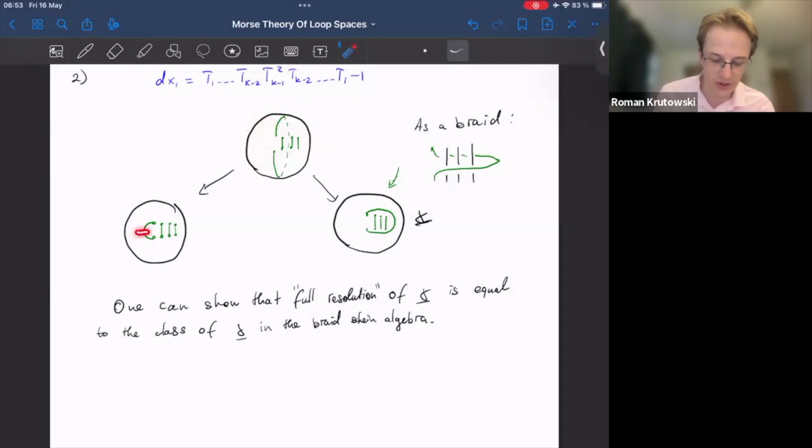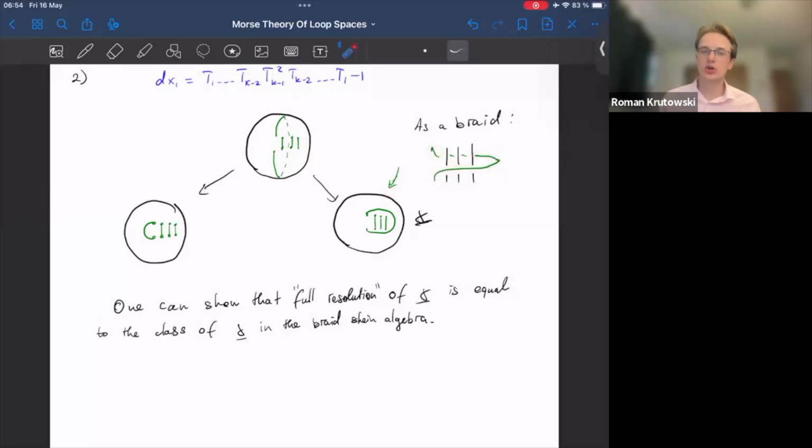So it will arrive at just the identity and will never cross other strands, so it won't introduce even a possibility for resolutions. But this strand will travel to here, and when it goes further, there could be many crossings there. So as a braid, this position looks like this.